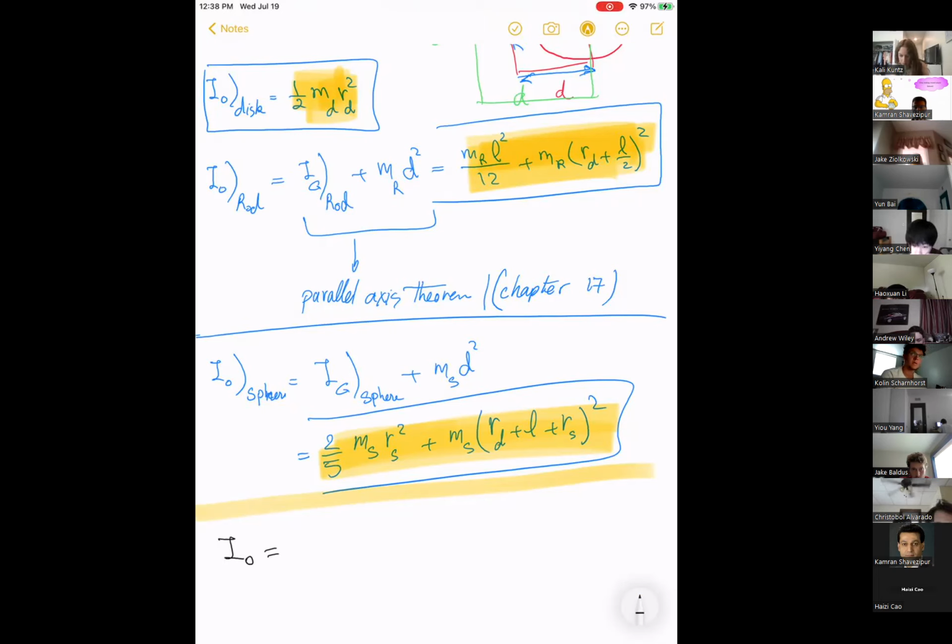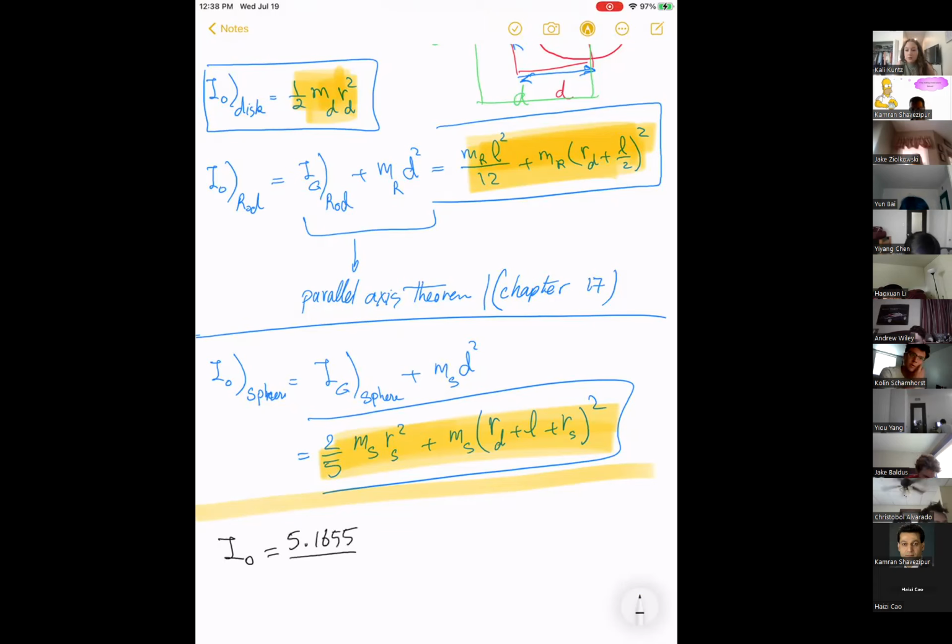Anyone got the number? I got 5.1655. 5.1655.